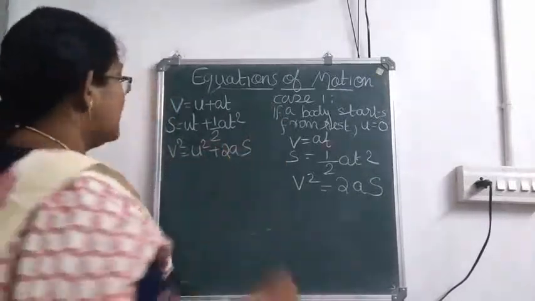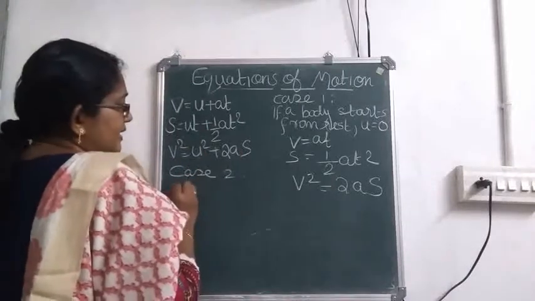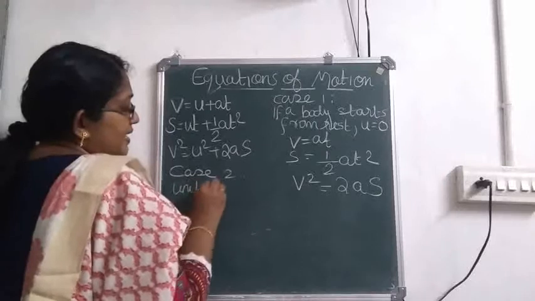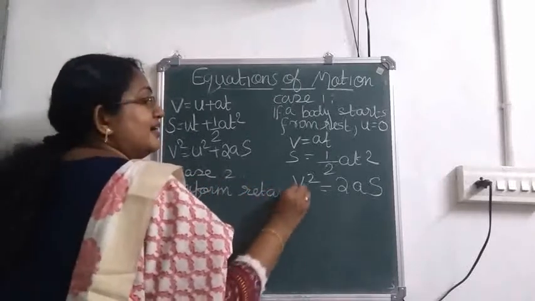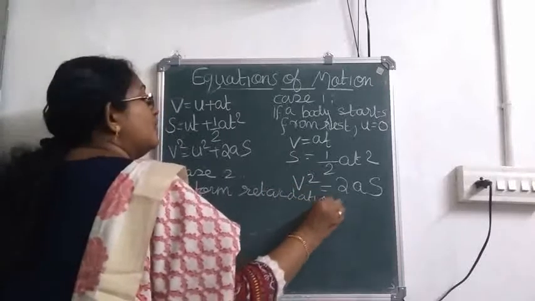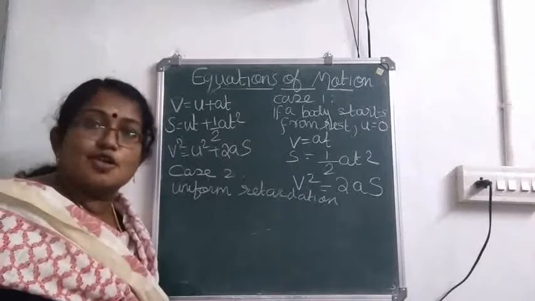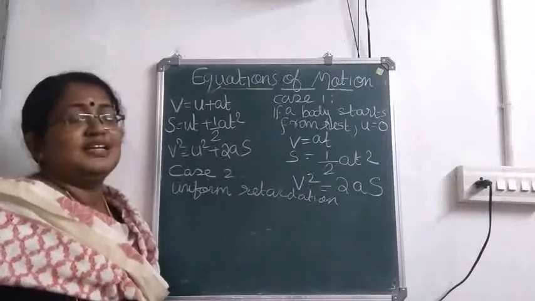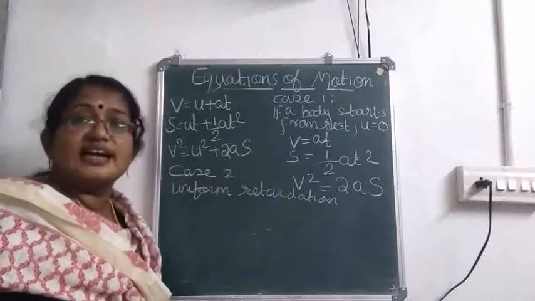Now one more case is there, that is case 2. Here, if the body is moving with uniform retardation. So if the body is moving with uniform retardation, how can you write these equations of motion? What change will come there? Negative acceleration is retardation, isn't it?